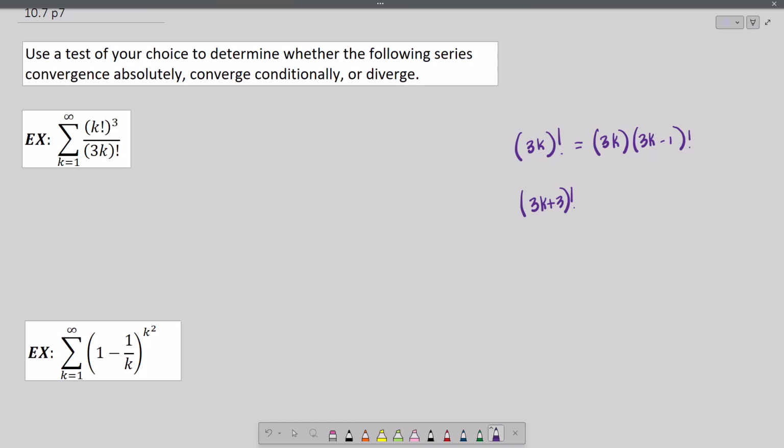And what would that look like? If we expanded that, 3k plus 3, what would the next factor be? 3k plus 2, and then 3k plus 1, and then 3k factorial. So remember, your factorials are repeated multiplication by subtracting 1.